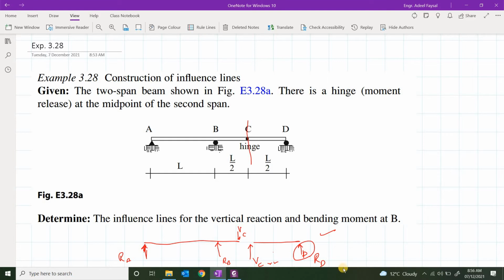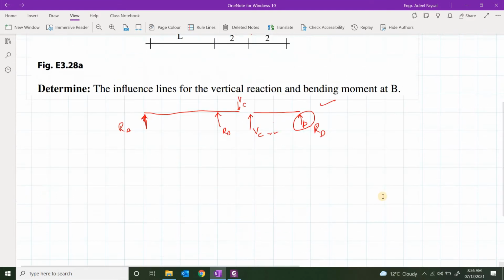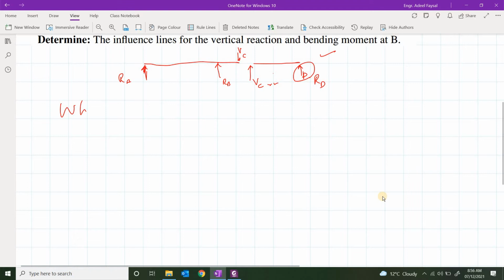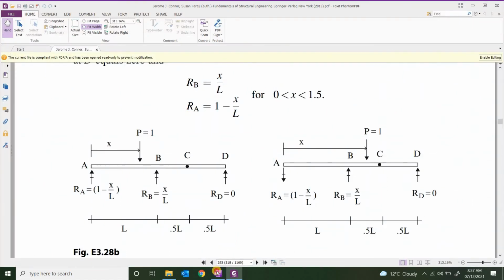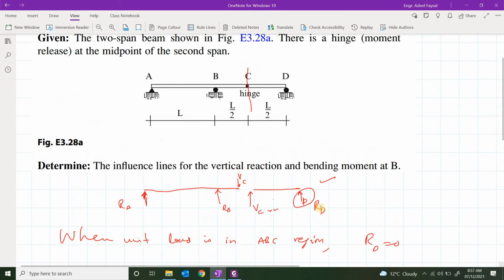So you can see, when the unit load is in the ABC region, RD in those cases is always zero. Agree? Now, when RD is zero, if this reaction is zero, this VC will also be equal to zero if the load is acting in the ABC region.